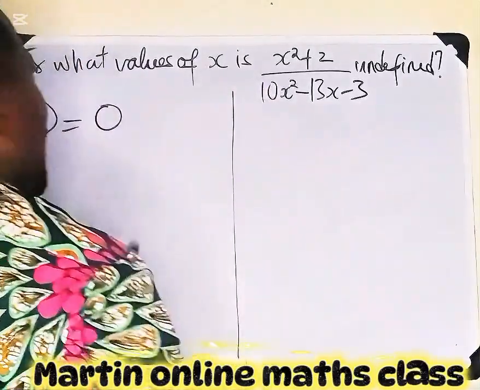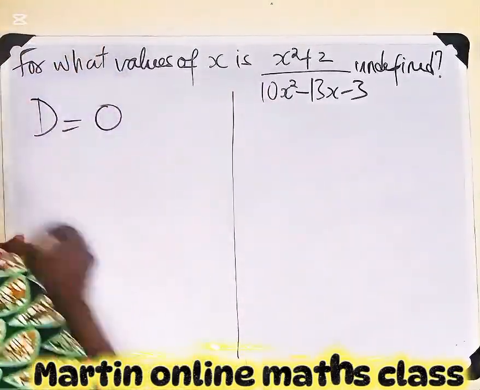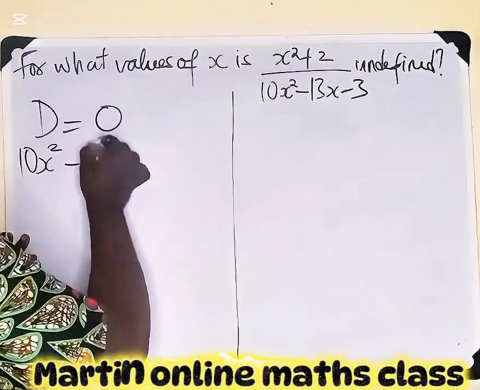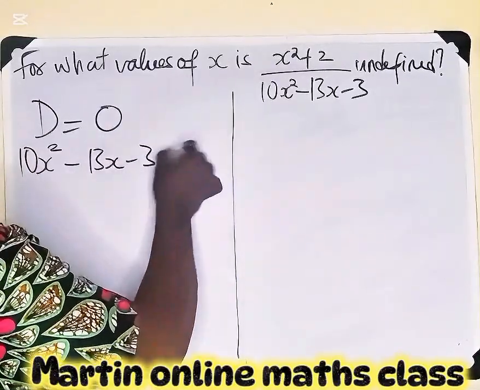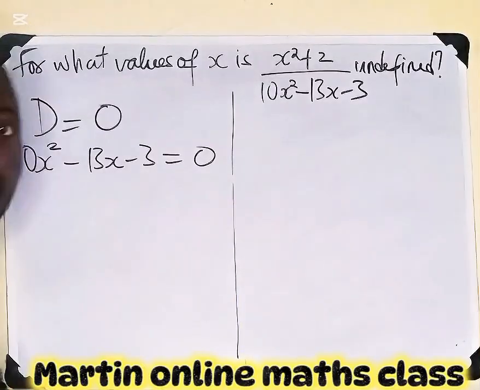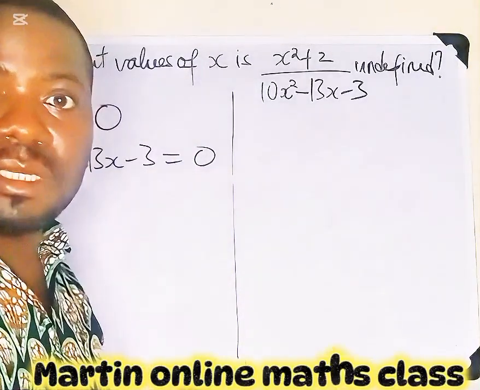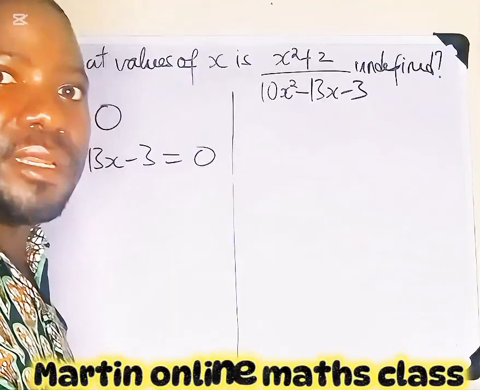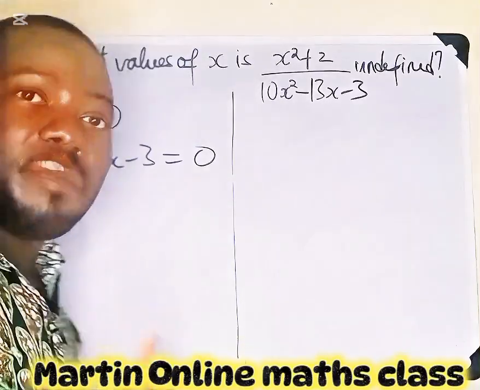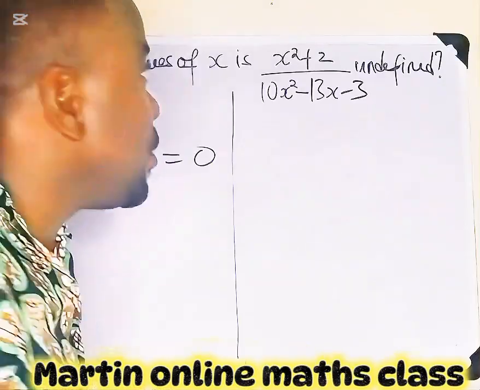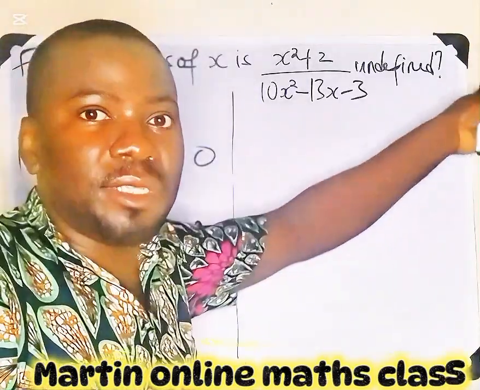Okay? Here, what is the denominator of this fraction? The denominator of this fraction is 10x squared minus 13x minus 3 equal to 0. We need to solve for the values of x for which this fraction is said to be undefined. Remember, I said that a fraction is said to be undefined when the denominator is equal to 0.